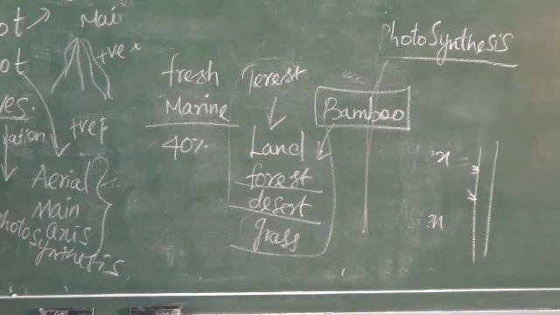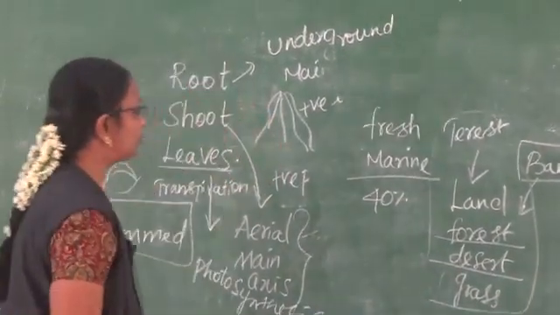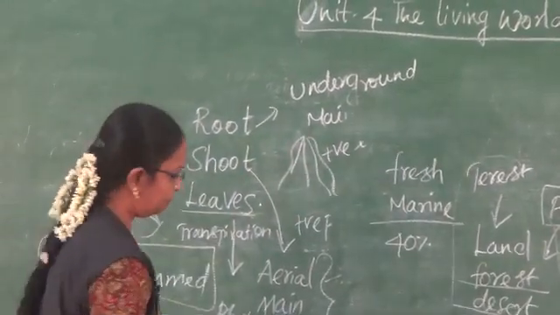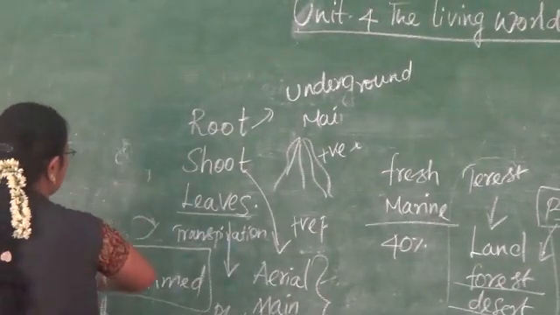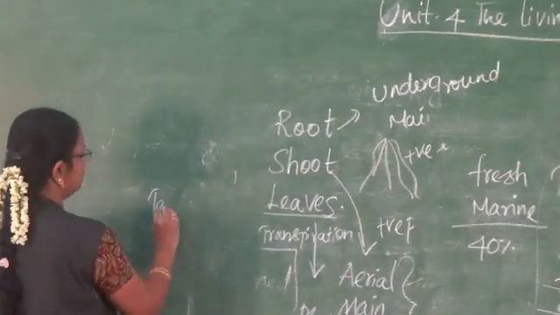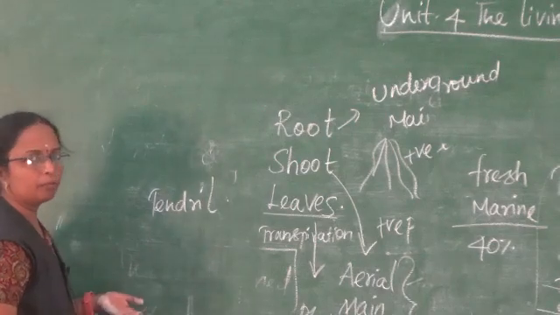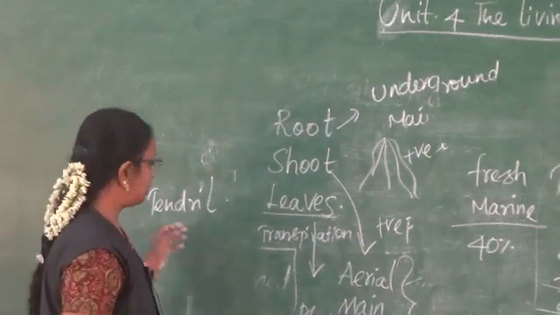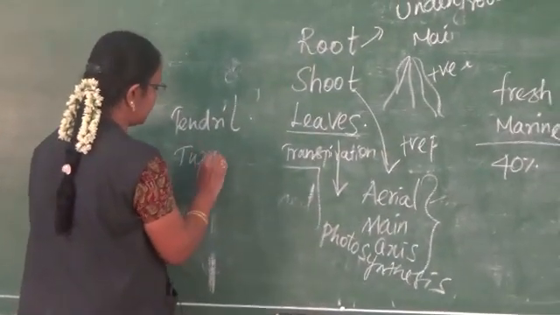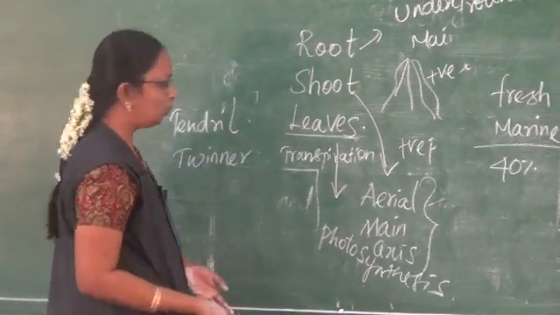When we move on to the adaptation, some plants develop some organs in their parts. That is the tendril. Tendril means the hook-like structure which is developed from some of the organs of the plant. And then the twiner. Twiner means the plant itself needs some support to grow.